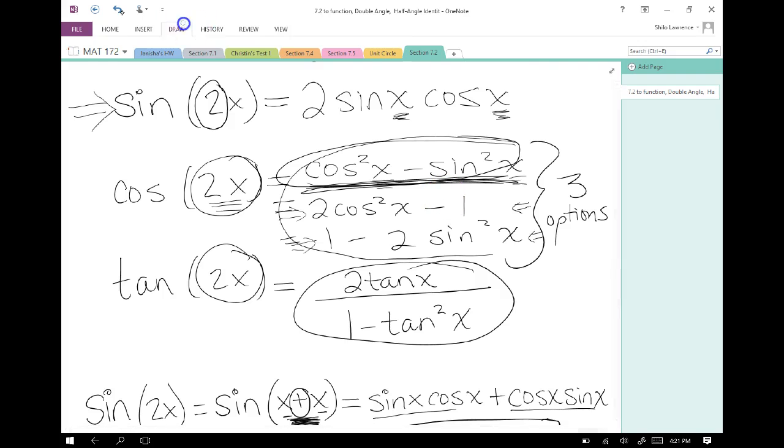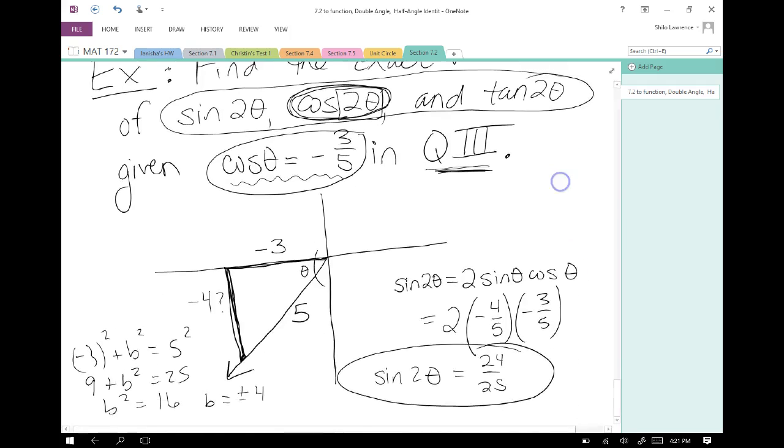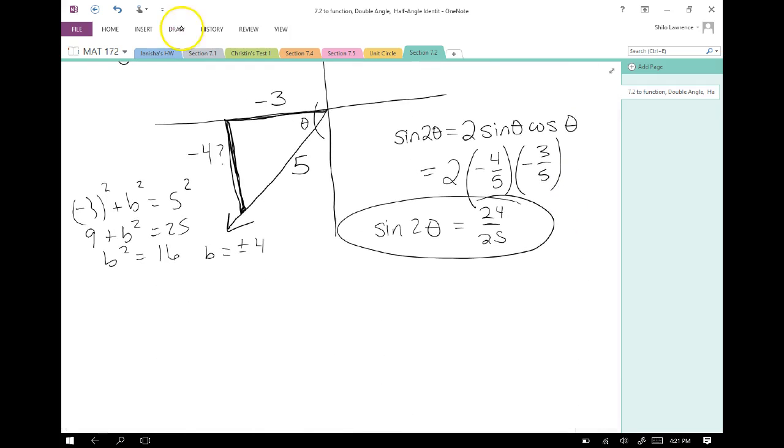I'm going to use this one because they gave us the cosine value. So 2 cosine squared x minus 1. You really could use any of those 3 formulas and you will get it right. But just my personal opinion, I'm going to use 2 cosine squared theta minus 1.